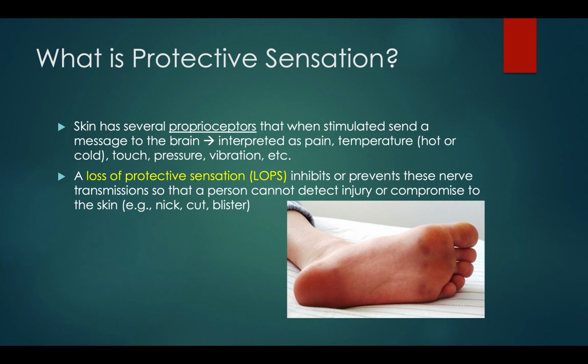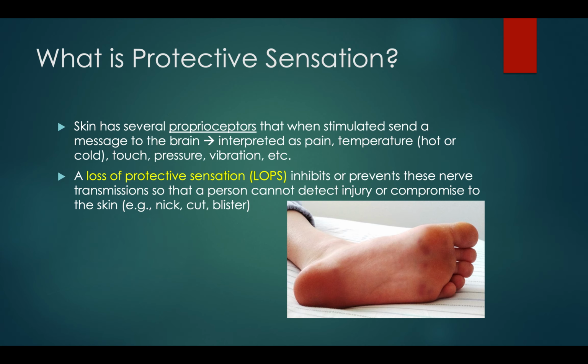Now, in our skin, we have several proprioceptors that, when stimulated, send a message to the brain. And at the brain, we interpret that as temperature, hot and cold, touch, pressure, vibration, and so forth, whatever proprioceptors were activated.